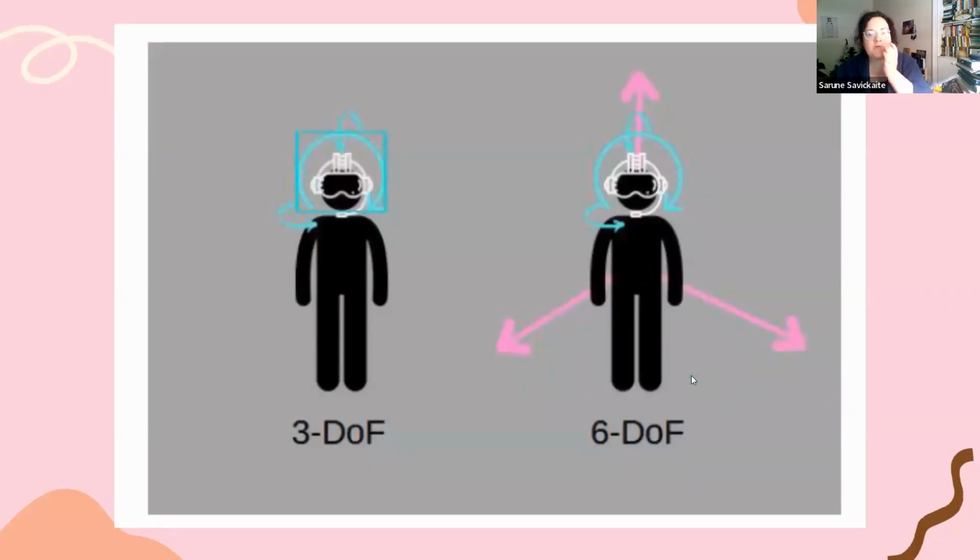So before we move any further with this discussion, I want to make sure we all understand what we mean by degrees of freedom, or some other definitions that might come up as we progress with the conference or just this talk. So 3 degrees of freedom is what we normally refer to as an ability to look around the three-dimensional world.